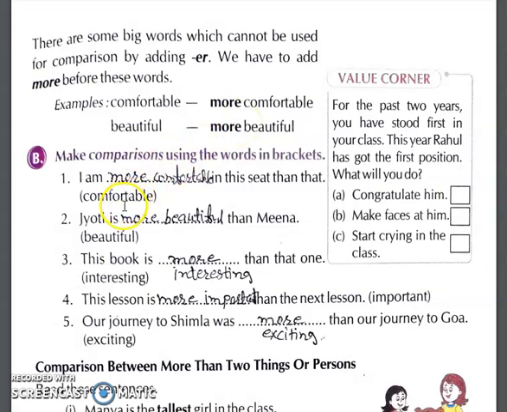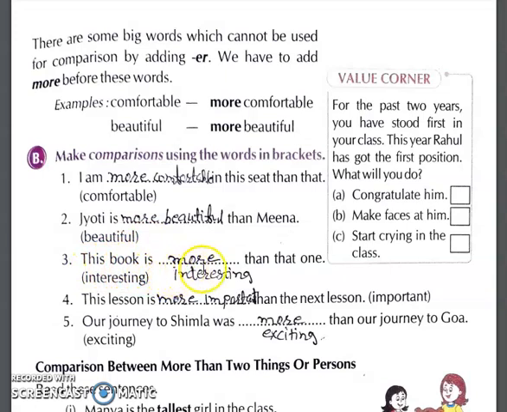So now we will see that exercise. Exercise B, make comparison using the words in the brackets. I am more comfortable in this seat than that. So here word is given comfortable and we have to write more comfortable. Jyoti is dash than Meena. Jyoti is more beautiful than Meena.